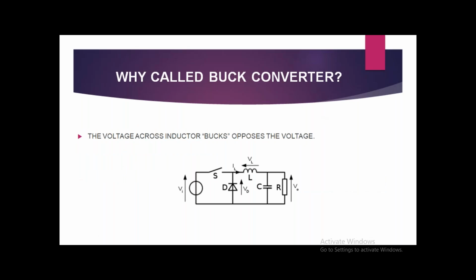So why is it called a buck converter? Because the voltage across the inductor, which is also called buck, opposes the supply voltage. That's why it is called a buck converter. Next slide.